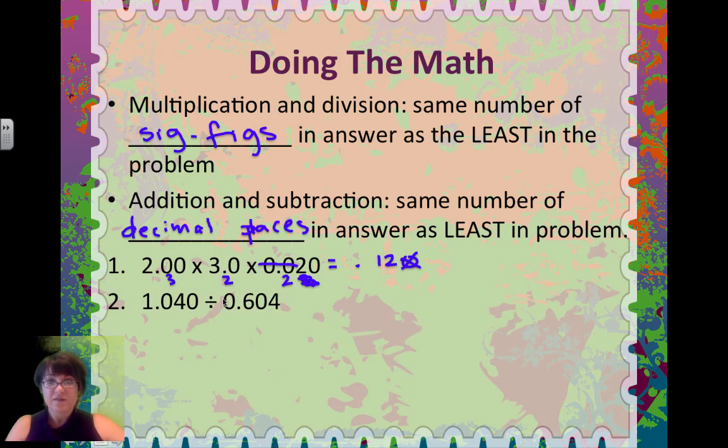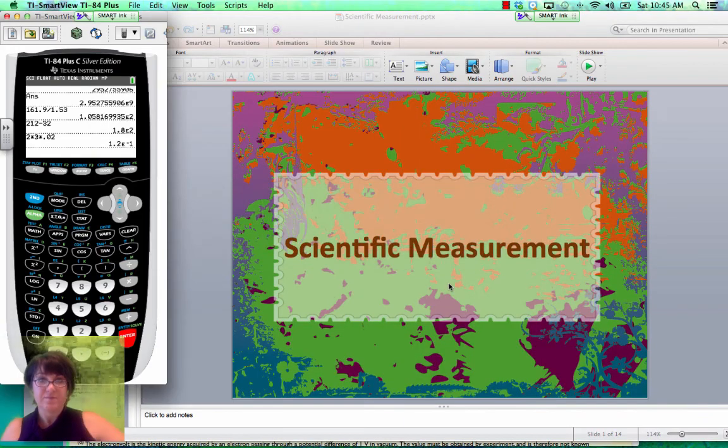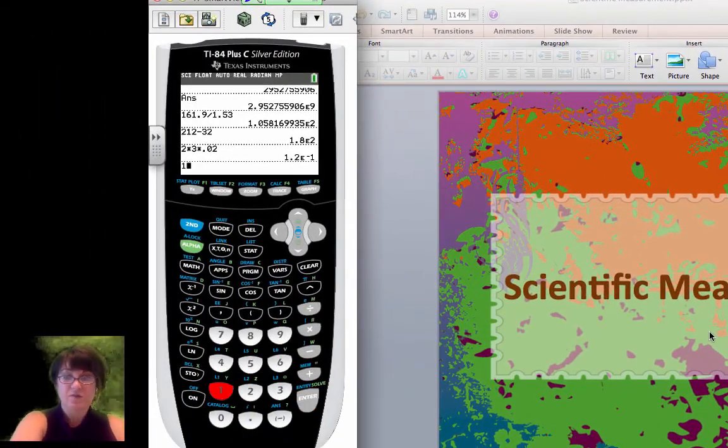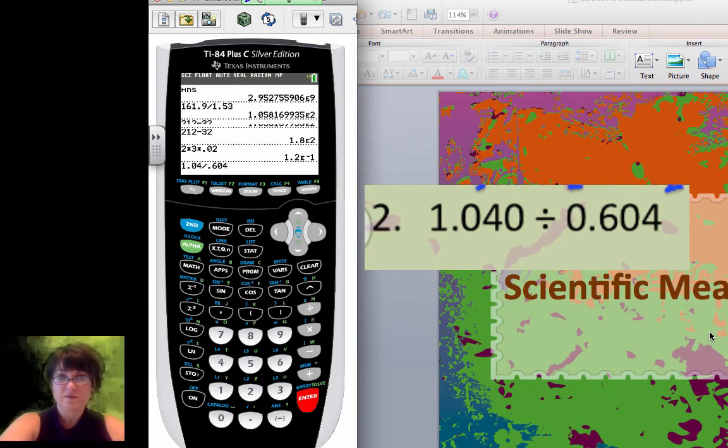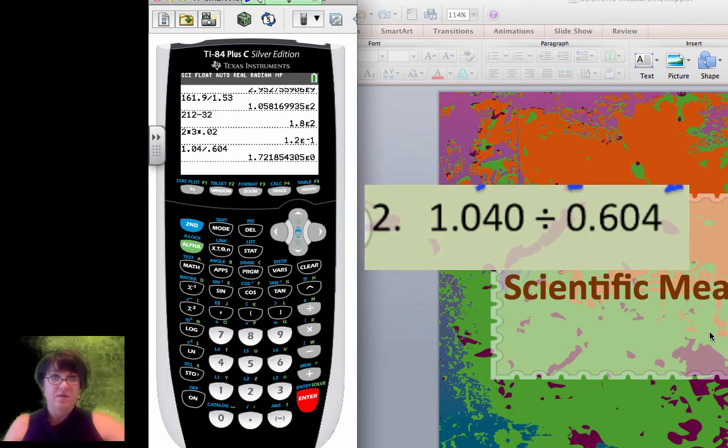Let's try another one. If I'm dividing, same rule applies. I'm looking at sig figs, not decimal places. So let's do the math first. 1.04 divided by 0.604. Oh my gosh, look at all those digits.